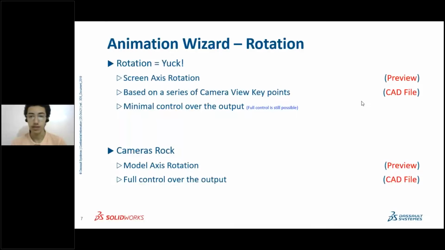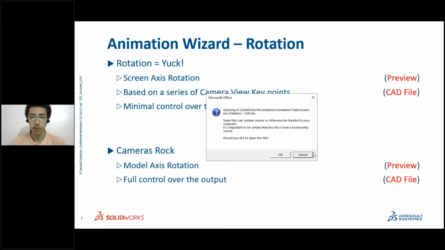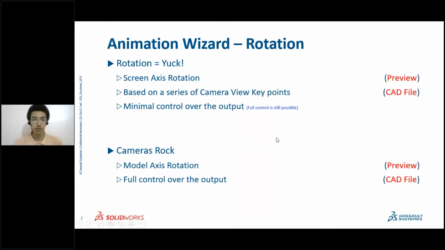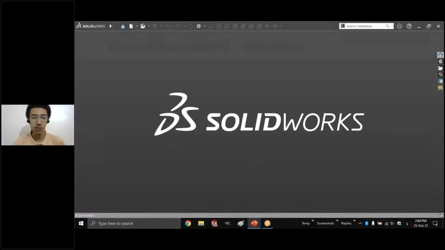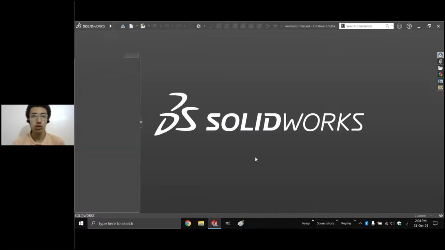So now that we've made a perfect rotation using the camera, let's catch up on a couple of points. It's still possible to make a perfect rotation using the Animation Wizard, but it's just going to be tedious. For example, if I open that model once again, you're going to notice that these key points are not just present over there.